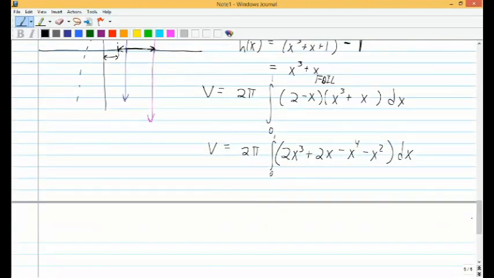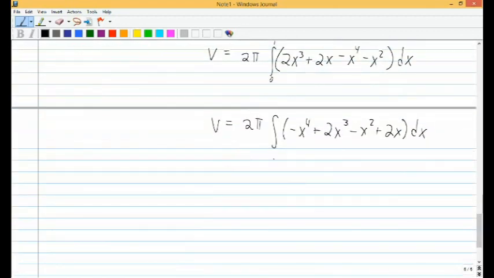I don't see any like terms. You might want to arrange those from largest to smallest power. So that'll be negative x to the 4th plus 2x cubed minus x squared plus 2x dx, and that's from 0 to 1.